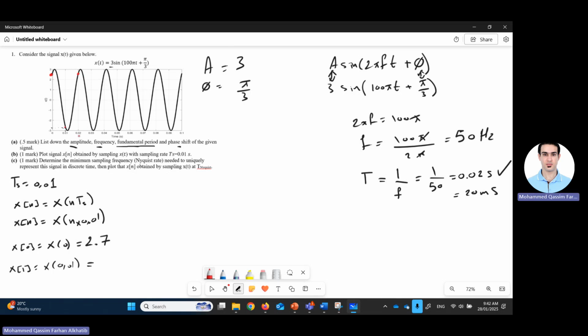So see, sampling at multiples of 0.01. Fourth. Okay, so it will start repeating itself. 0.7, and 0. That's it. So if you want to draw it, just put the straight lines. I have a sample here, I have a sample there, etc., and assuming this is the x-axis.